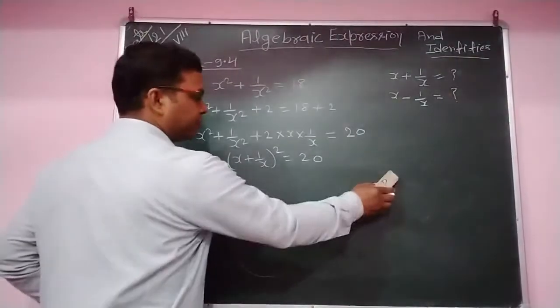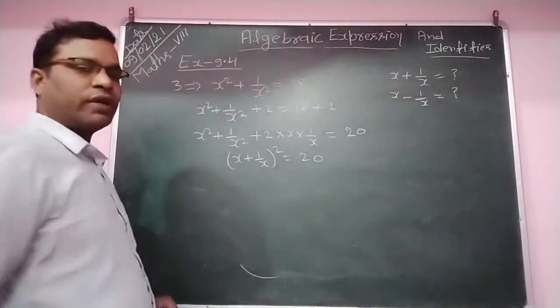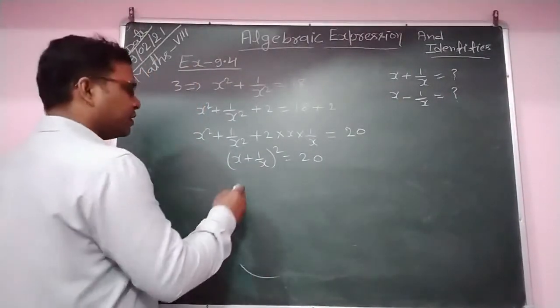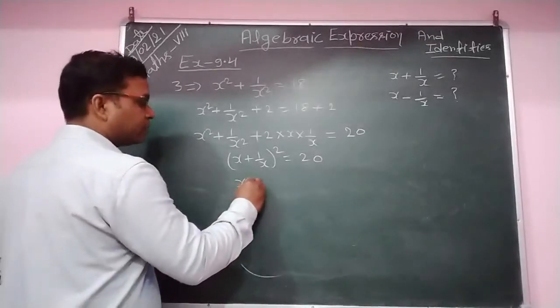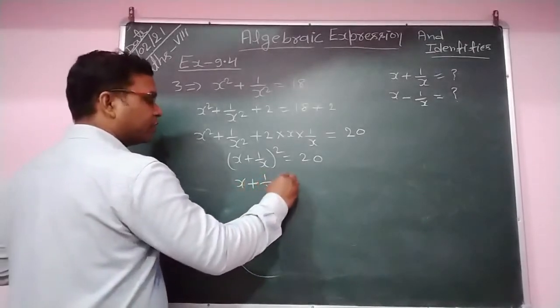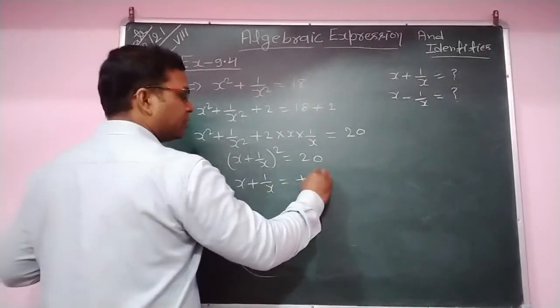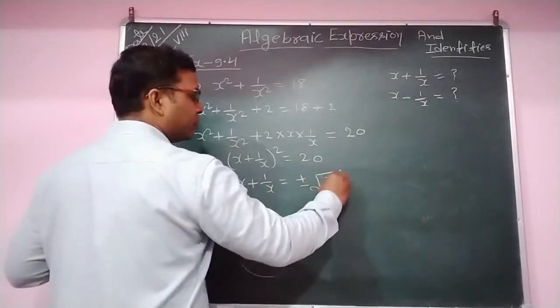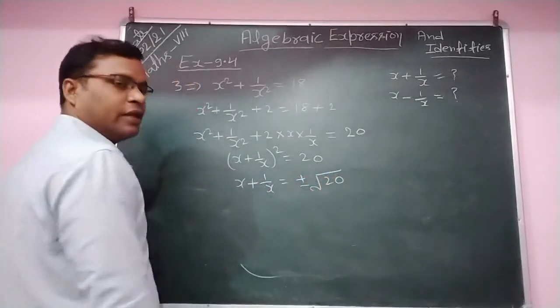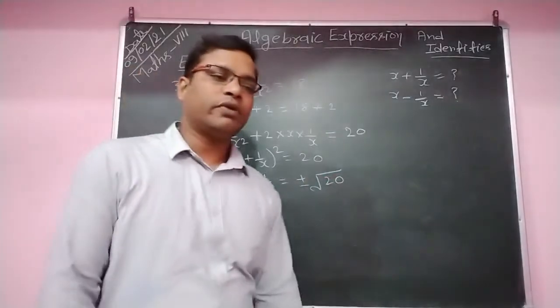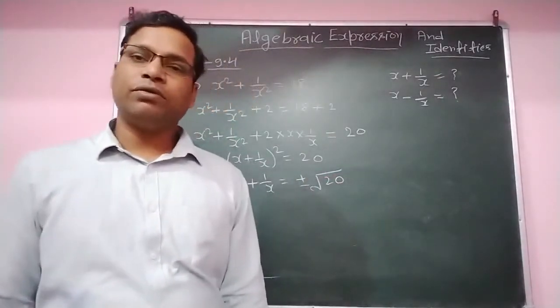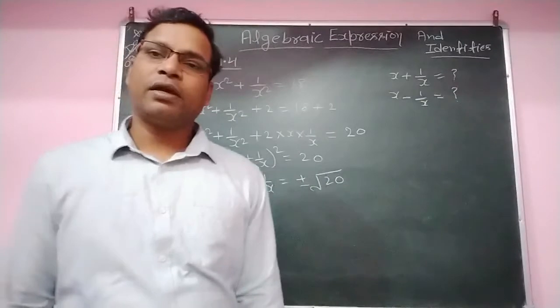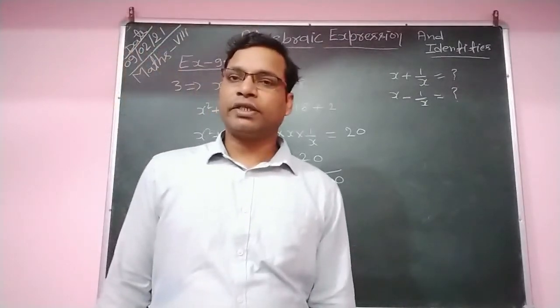Now, if you take the square root on both sides, then you get x plus 1 upon x is equal to plus minus root 20. Clear? How to solve the square root, you know very well, in chapter 6 we studied.